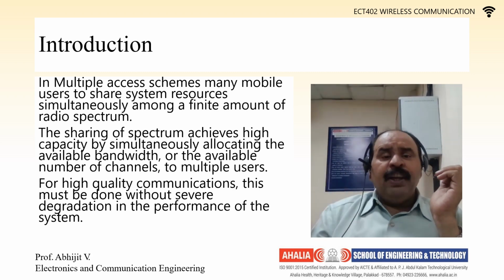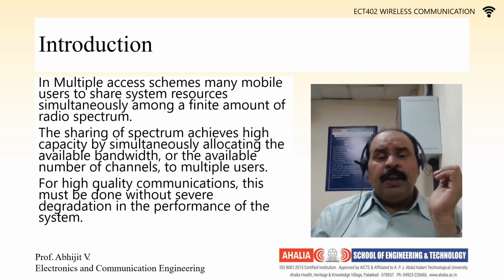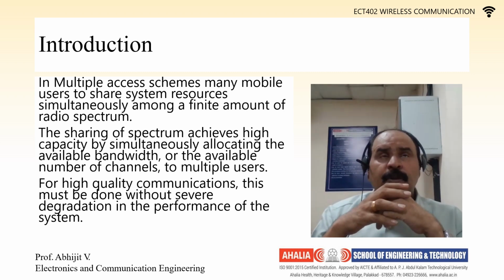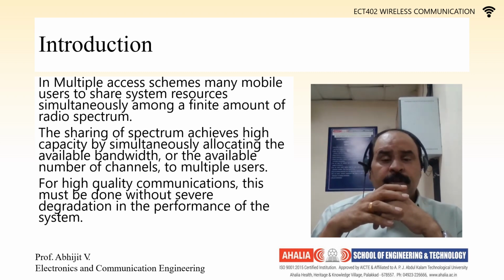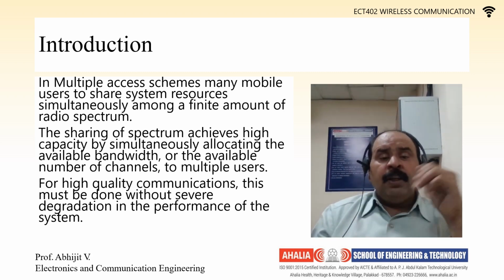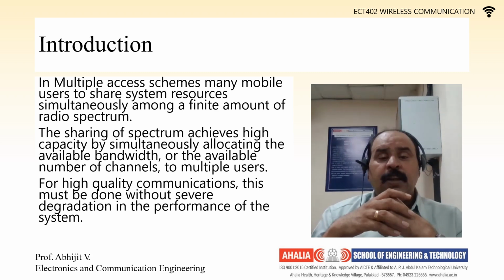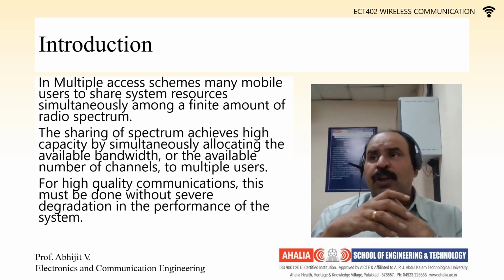In multiple access schemes, many mobile users share a system resource simultaneously among a finite amount of radio spectrum. The sharing of spectrum achieves high capacity by simultaneously allocating the available bandwidth or the available number of channels to multiple users.